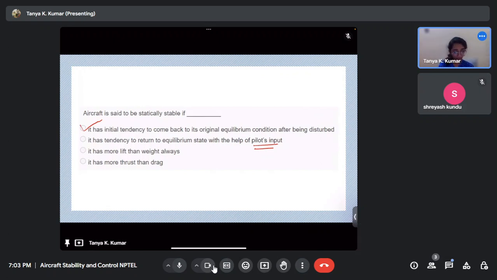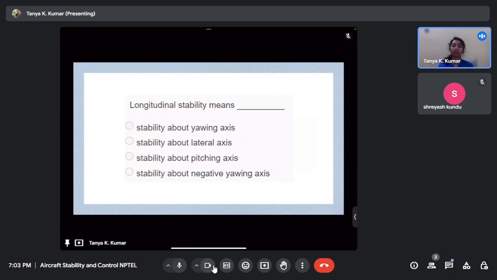Okay, next question. Longitudinal stability means stability about yawing axis, lateral axis, pitching axis, or negative yawing axis.